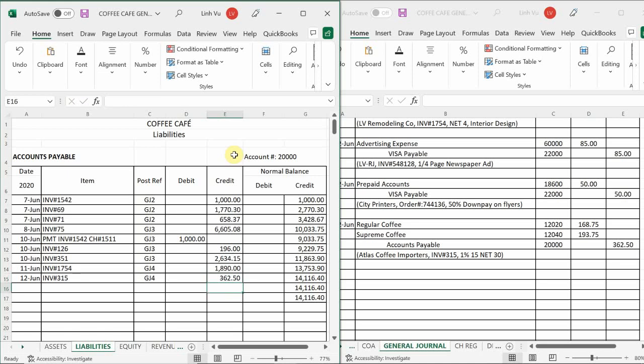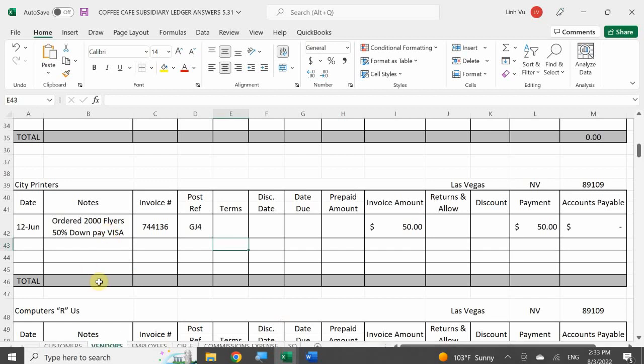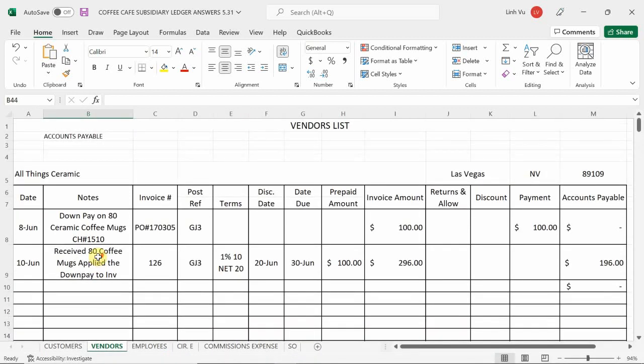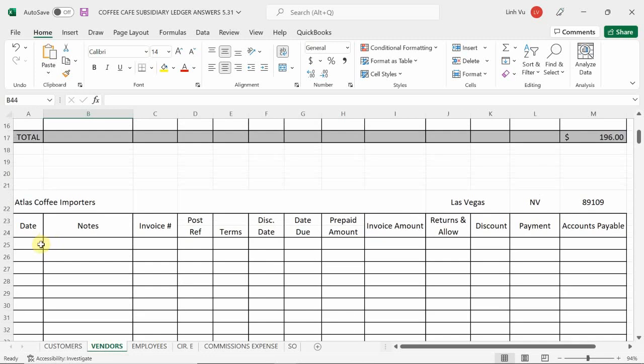So then, of course, now my total accounts payable account is at $14,116.40. That's a lot of money we owe. Okay. So now that I did the ledger, I did the journal. Next is, well, we owe Atlas Coffee money. So that's definitely something we definitely need to record in our books.